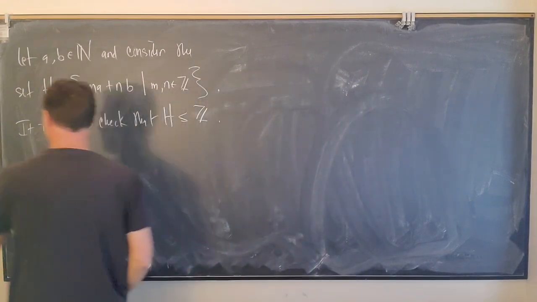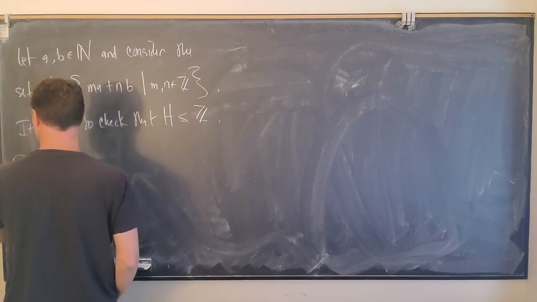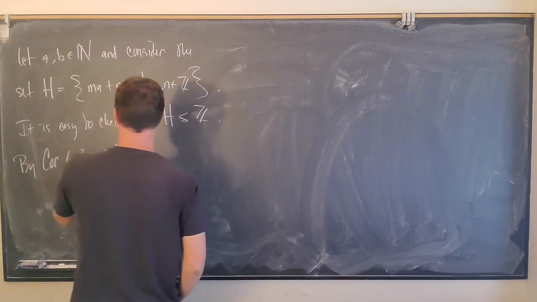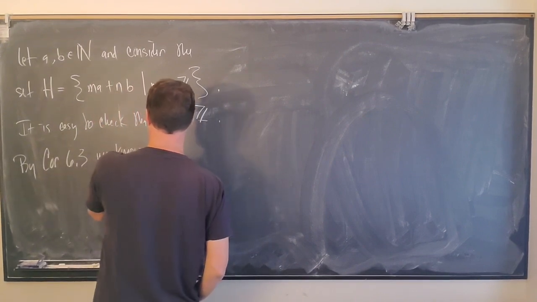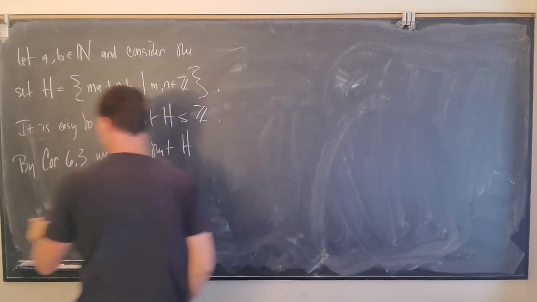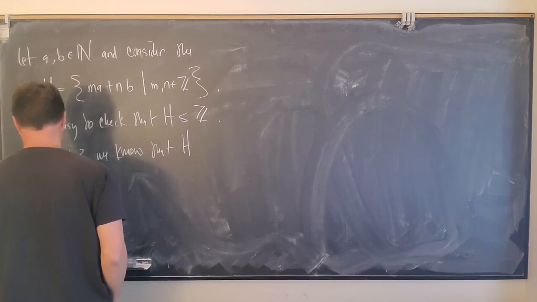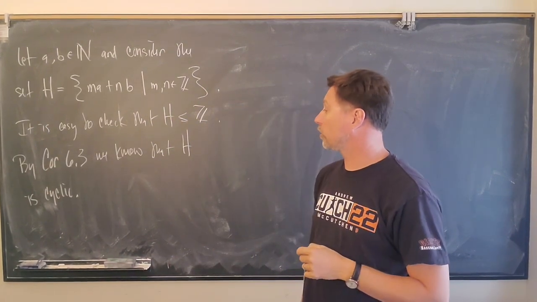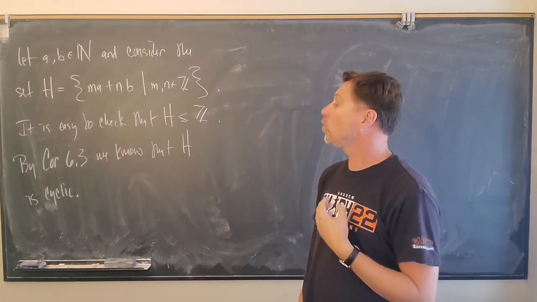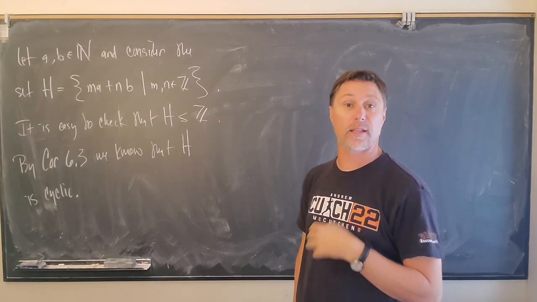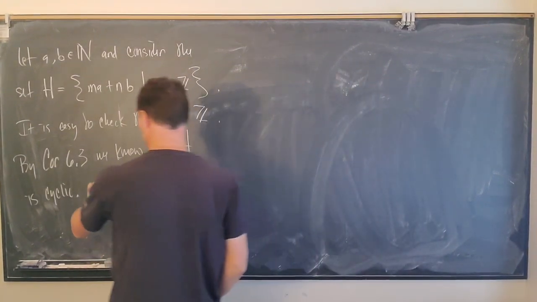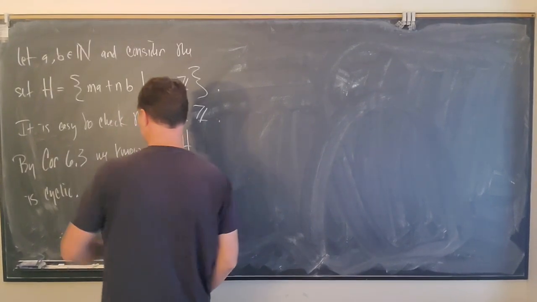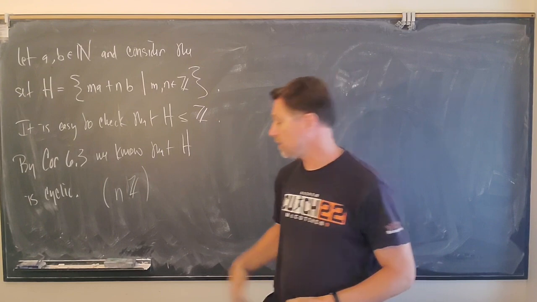By our previous result, Corollary 6.3, we know that H is cyclic. Subgroups of cyclic groups are cyclic, and in particular, we know what subgroups of Z look like. They look like multiples of N. We left off last time with the subgroups of Z being of the form N times Z.